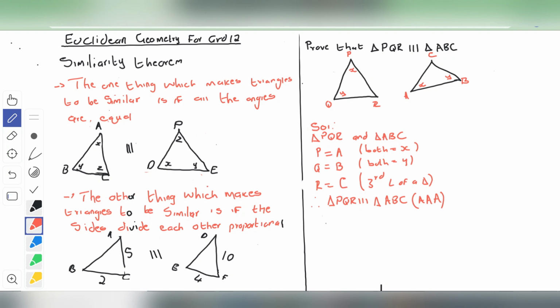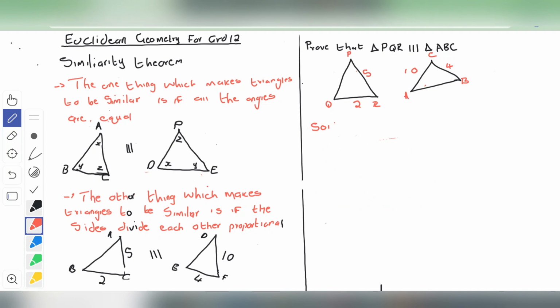So now we're going to do a video proving similarity using the sides. I'm just going to erase a few things here. Okay, here's the question. Prove that triangle PQR is similar to triangle ABC.